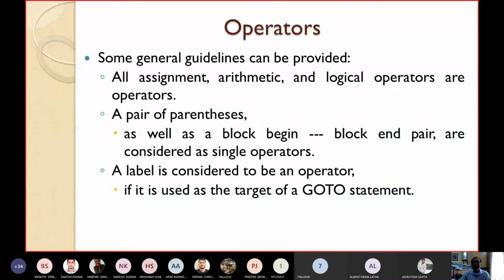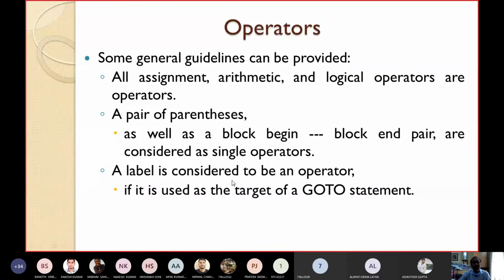Those who know Pascal, etc., do not use parentheses at that time; they use begin and end. So wherever you find a pair of parentheses, or a block begin and block end pair, they are also considered as a single operator. Don't consider them as two operators. If a left parenthesis is there, you must find the right parenthesis. If a begin is there, you have to find the end. That will be treated as one single operator.